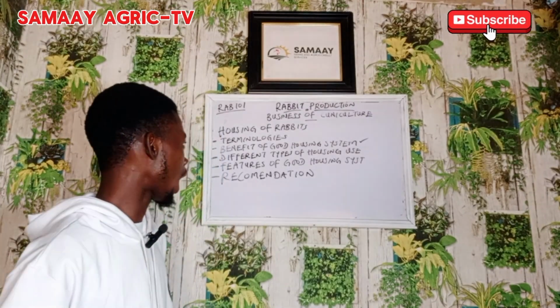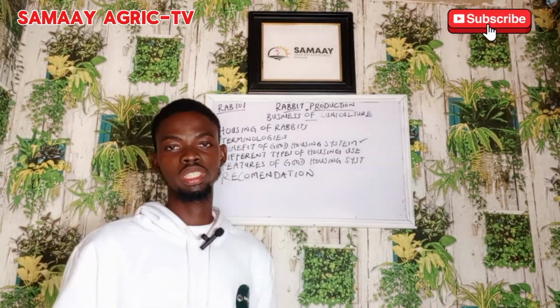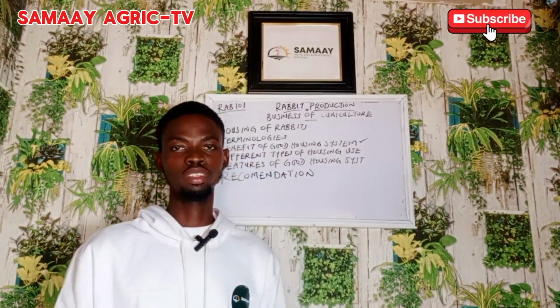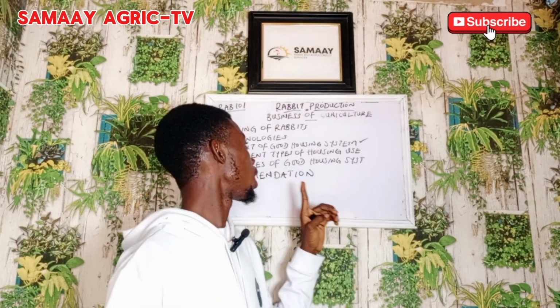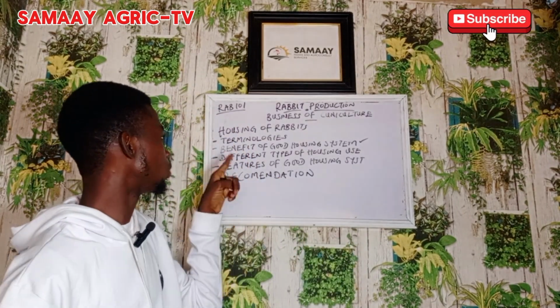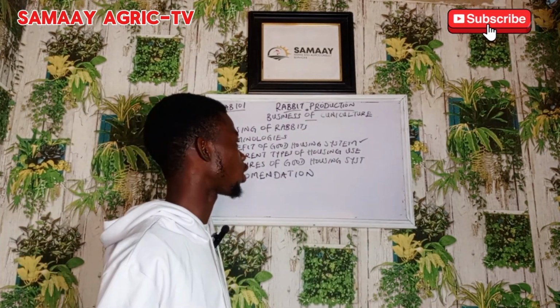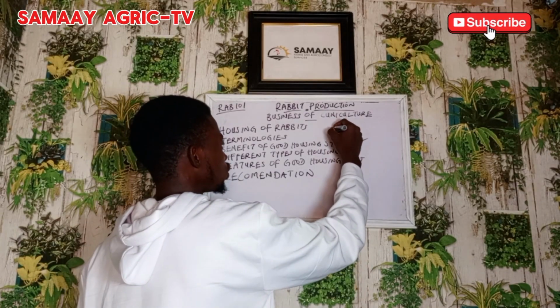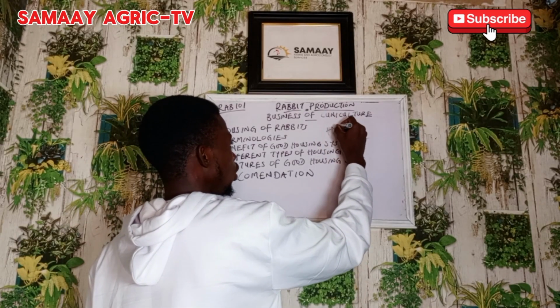So talking about the housing of rabbits, it is just a place where the rabbits reside. And as I talked about in our last video, the terminology used for the housing of rabbits is what we know as a hutch.